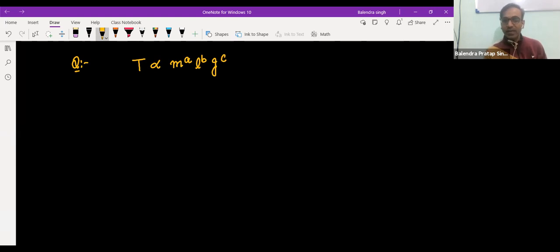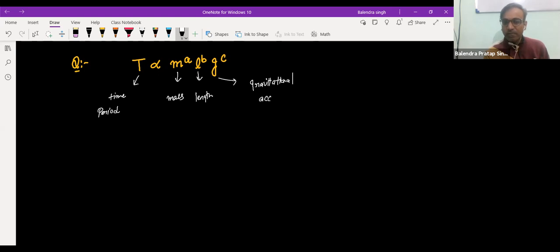Here T is time period, m is mass, L is length, and g is gravitational acceleration.